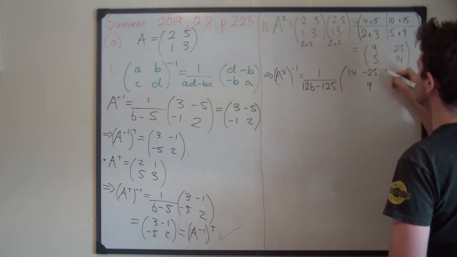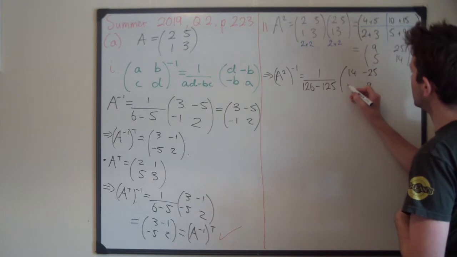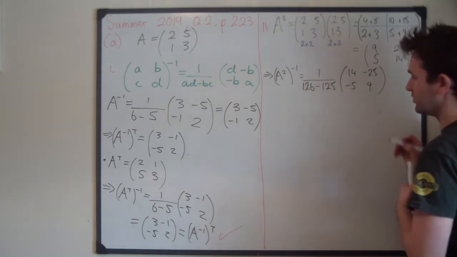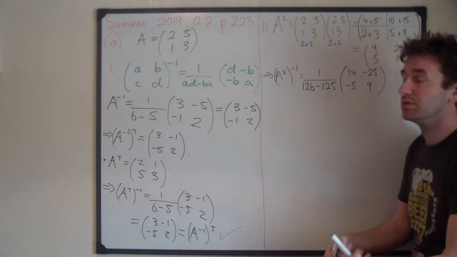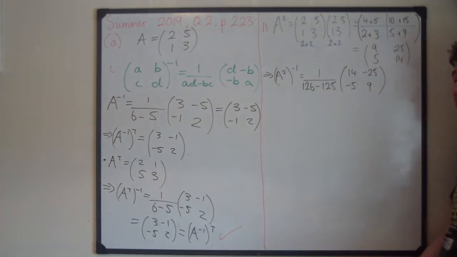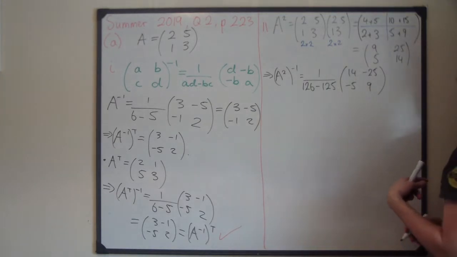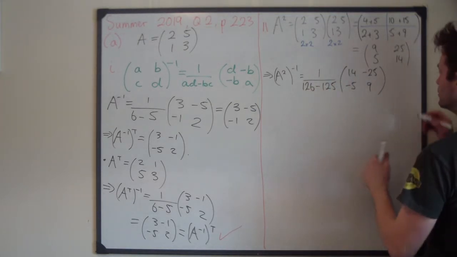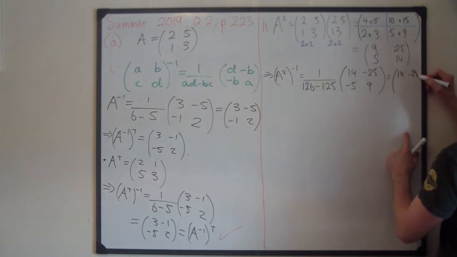Now the determinant of this is 1, and if you think about what we said, the determinant is a scale factor. If you apply the matrix once and it doesn't change the area or the volume, and you apply it again and it doesn't change the area again, well then the determinant of A squared will be 1. So this is 1 over 1, which is 1. So you get 14, minus 25, minus 5, 9.